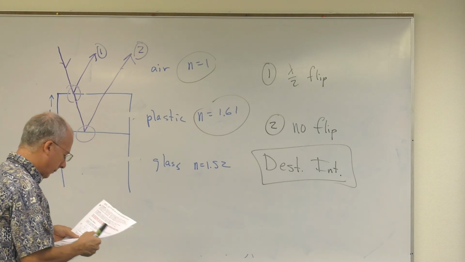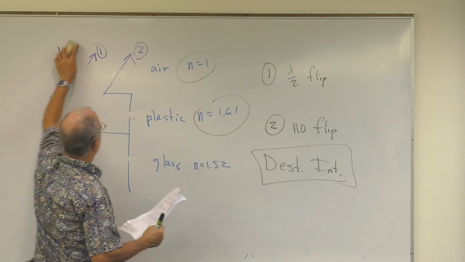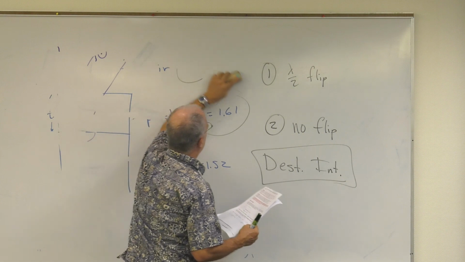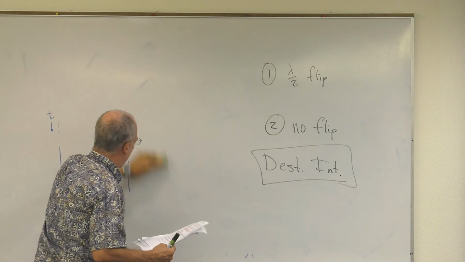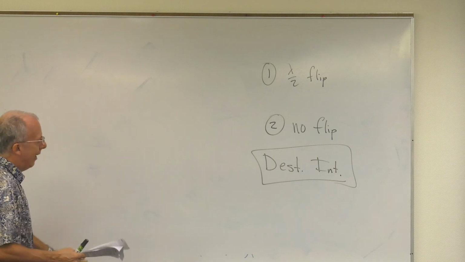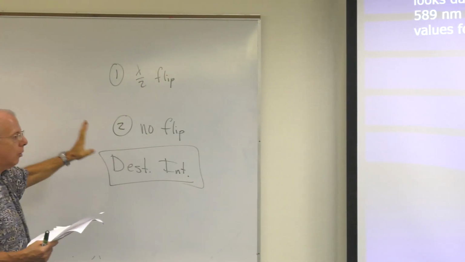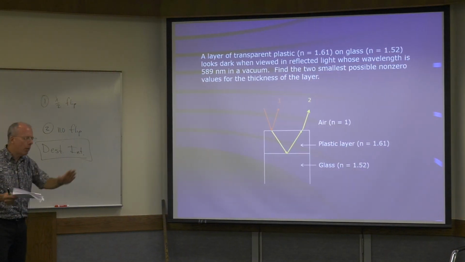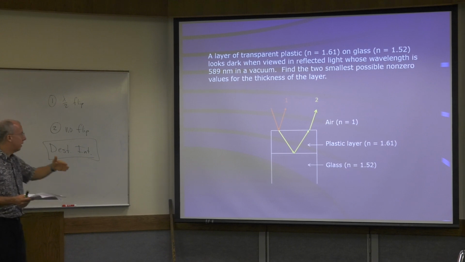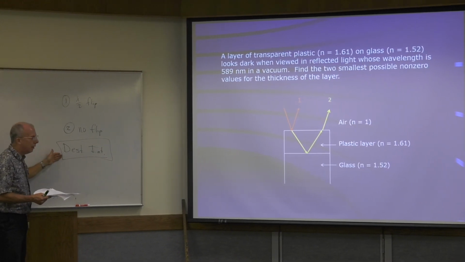Okay, now, this is great. I'm done with the picture. I need the room under my whiteboard. Look at that picture. We have a flip and a no flip. So right now they're going to destructively interfere. If there were no path length difference, this would be destructive interference, and that's what we want.